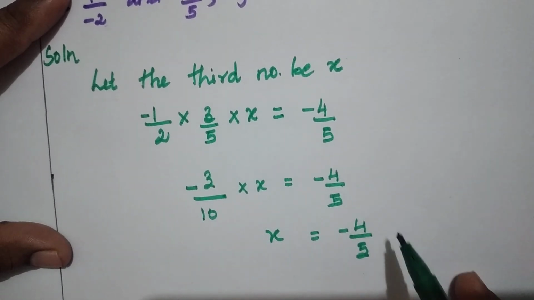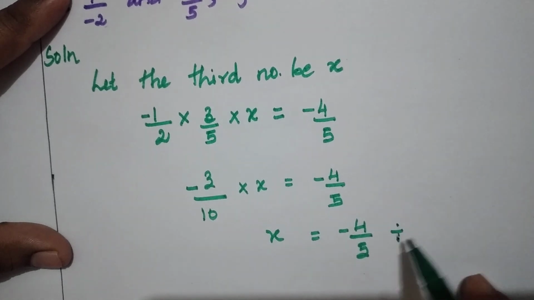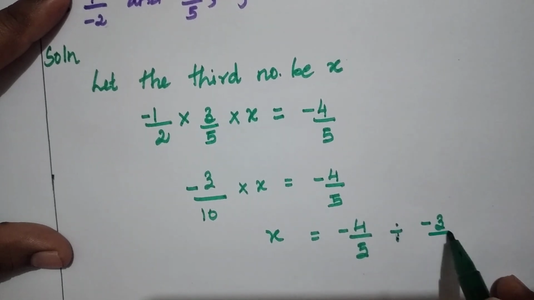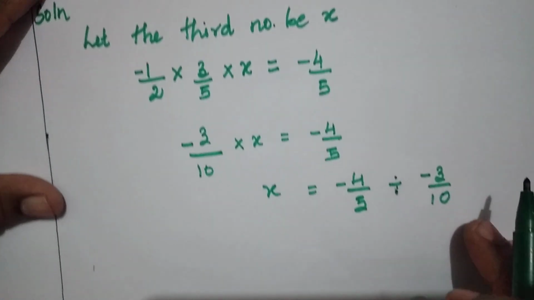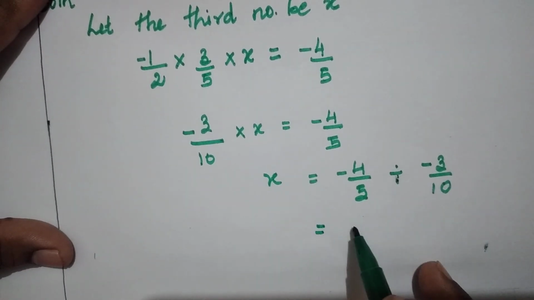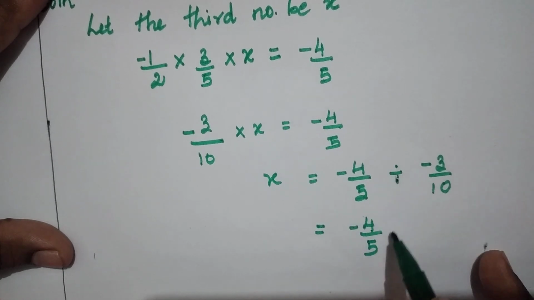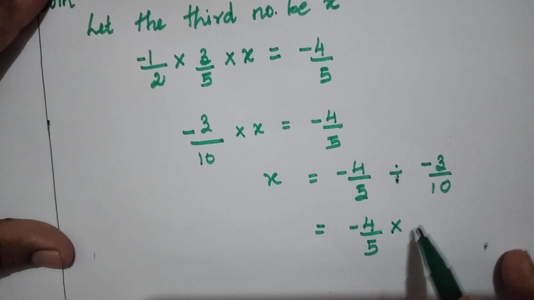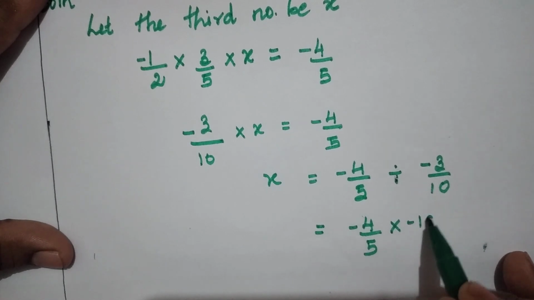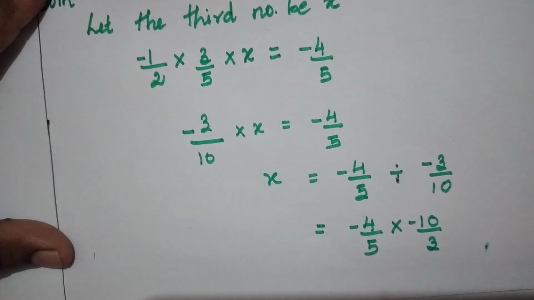When it goes to that side it becomes division, minus 3 by 10. So how do we solve this one? Write the first rational number as such, change the division into multiplication and write the reciprocal of the second one, which is minus 10 divided by 3.